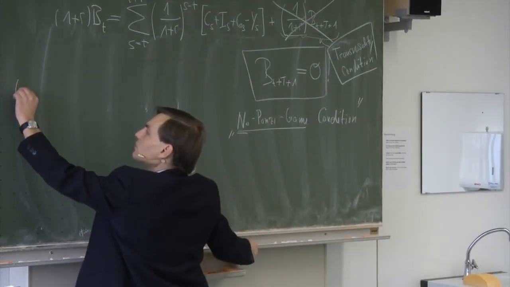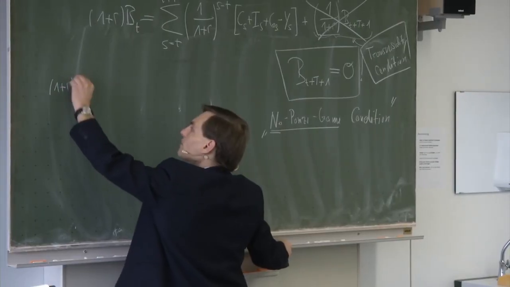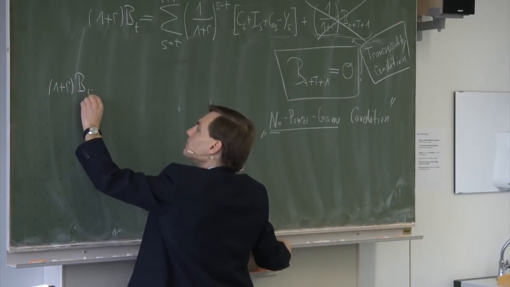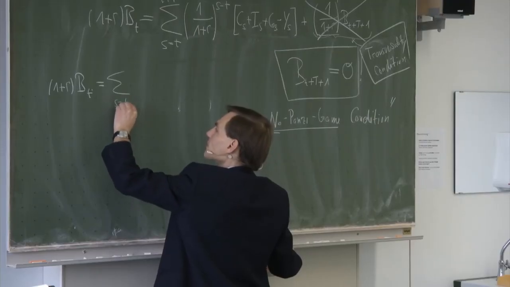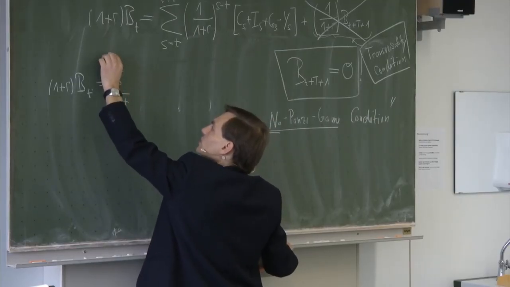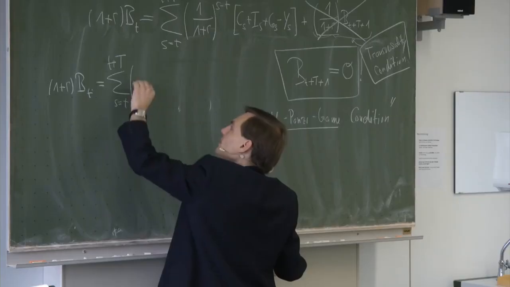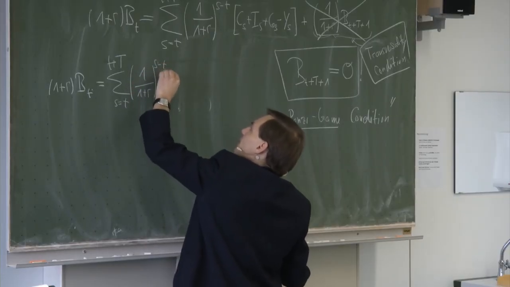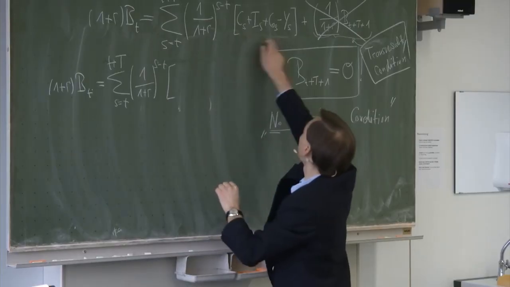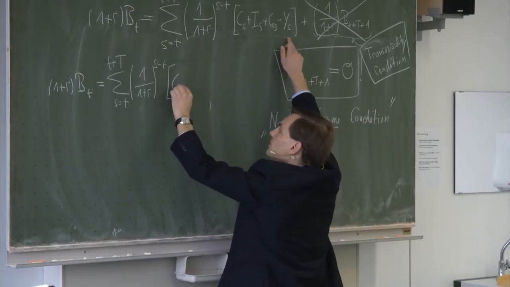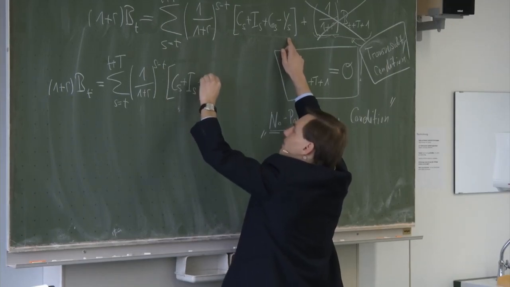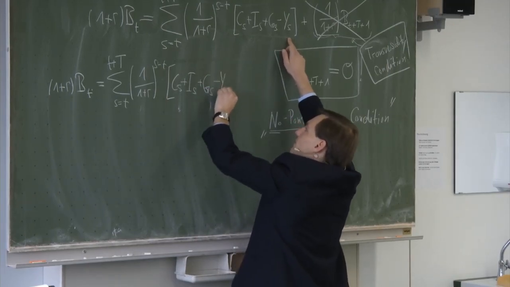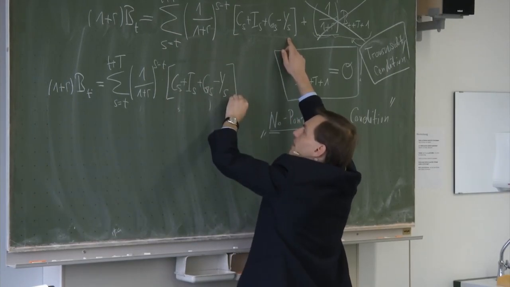Well, on the left-hand side, we still have 1 plus r, times the sum from s equal t to capital T, 1 over 1 plus r, to the power of s. And then we have consumption in period s plus investment in period s plus government spending in period s minus output in period s.